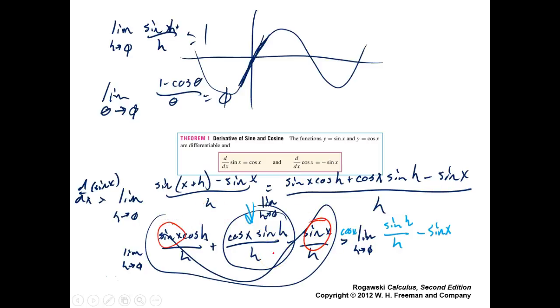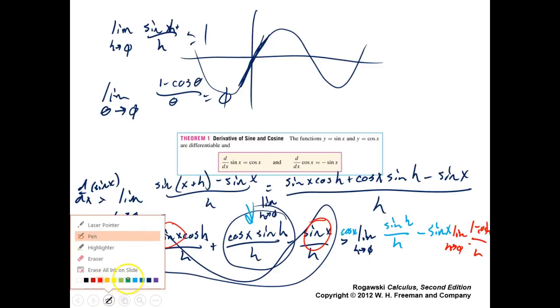I'm going to flip the order as well. So that'll be sine x times the limit as h approaches 0 of, pull that out, a minus that, so that's going to be 1 minus cosine h over h. Okay?